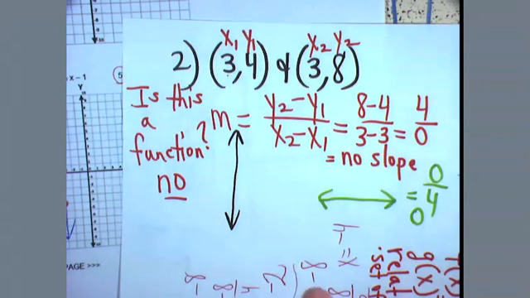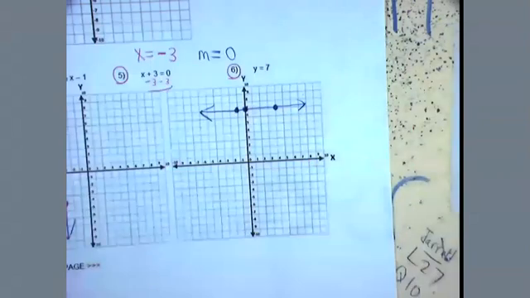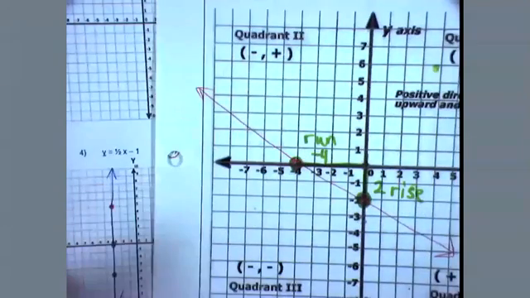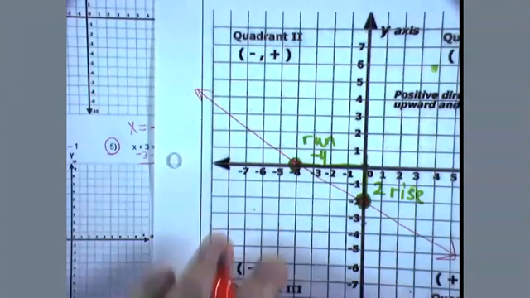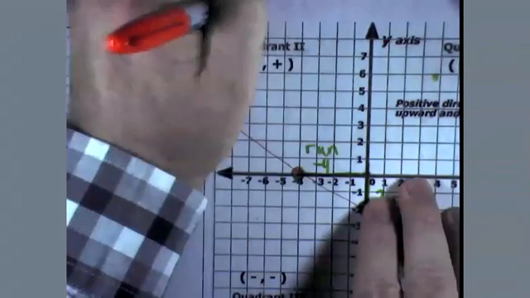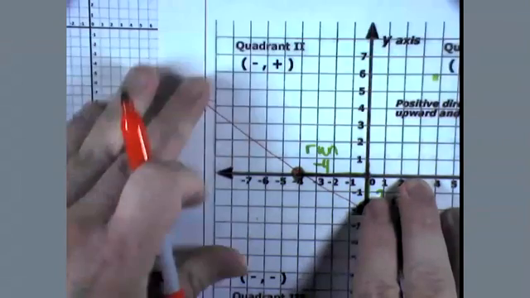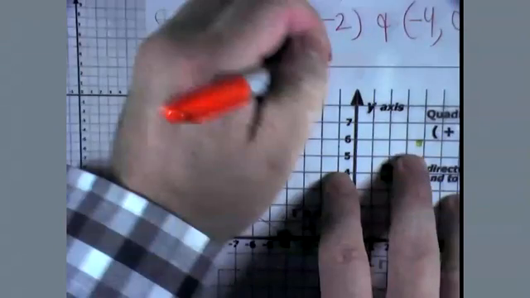Again, if the x coordinates repeat, then your line or relation is not a function. Another way that you can determine if a relation is a function is graphically. If you're given a graph, you can determine if a relation is a function by something called the vertical line test.